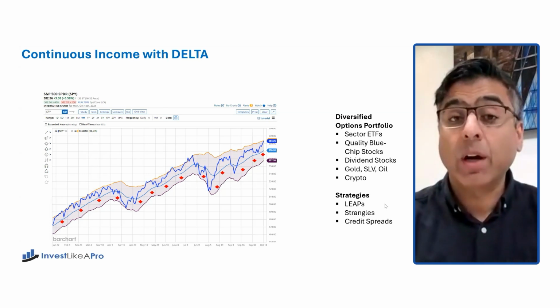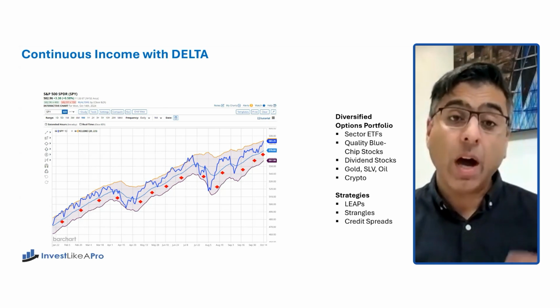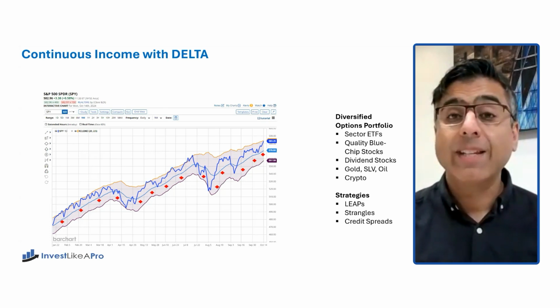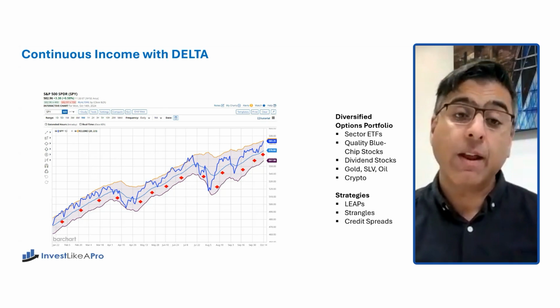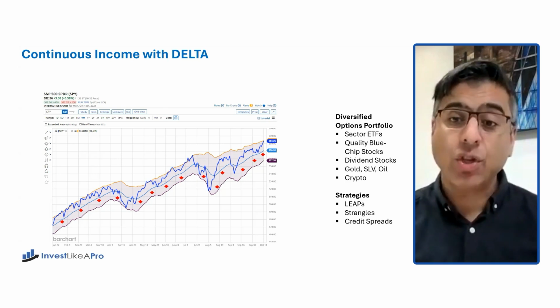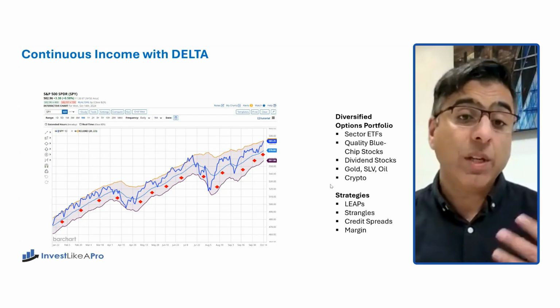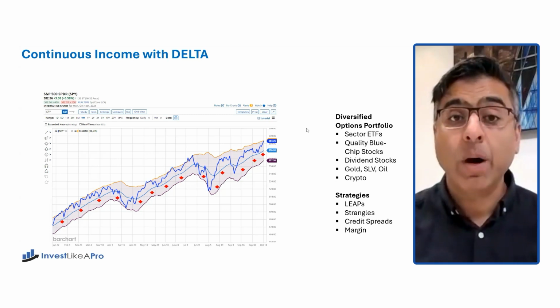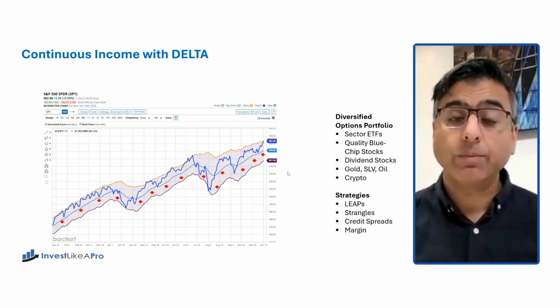And credit spreads are another very powerful strategy. They do two things. One is they give you a much higher ROI, and secondly, they provide you some downside protection, a built-in downside hedge to your options positions. So very powerful strategy there as well. And we can deploy all of this using moderate margin, which multiplies your income.